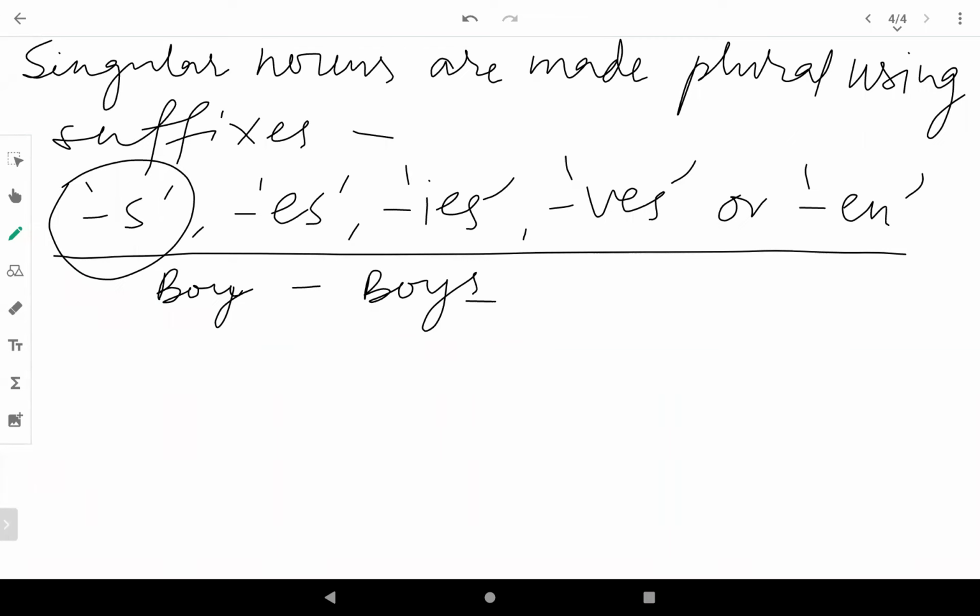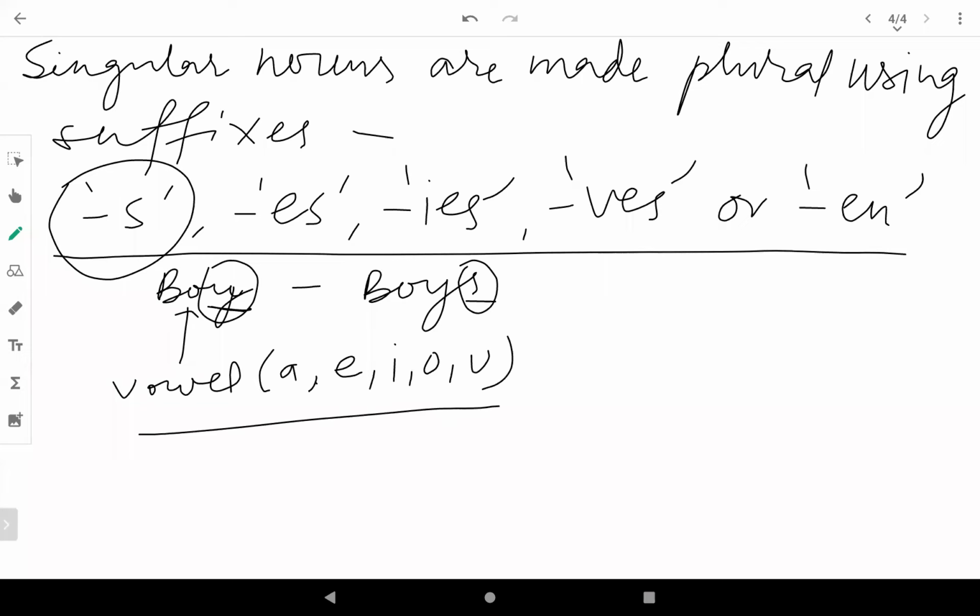But remember one thing, you have to pay attention to how the noun ends. For example, here, why are we putting s here? You look at the ending y. This y is preceded by a vowel. So what are vowels? A, E, I, O, U. These are the vowels.